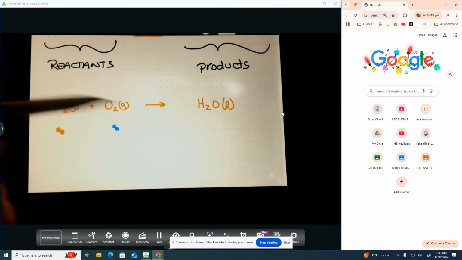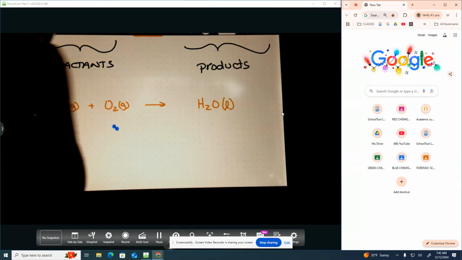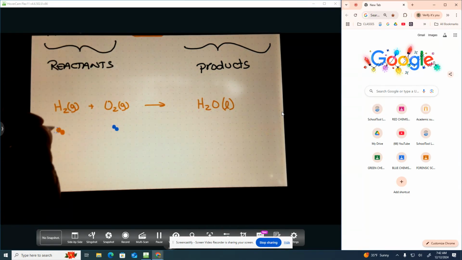Okay? If I start with two H's, 2 atoms of H, or 2 moles of H, because really we're talking about moles, in order for a reaction to take place, these 2 atoms need to break apart. Energy needs to be absorbed. Broken, absorbed. So we would break these apart, and we would move them like that.